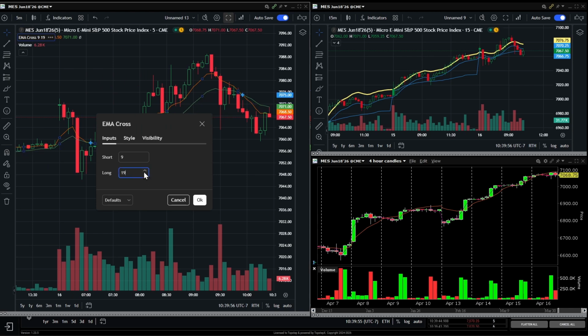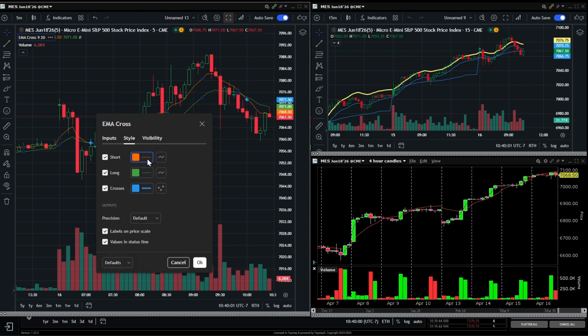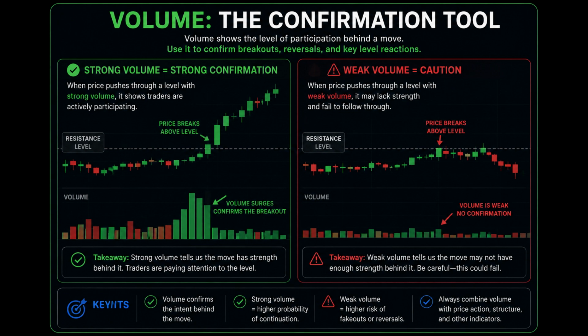Now, the third indicator is volume. And volume is something most people are already familiar with. So when price pushes through a level, we don't just want to see the candle, we want to see if volume came with it. If price breaks a level and volume comes in strong, that gives us more confirmation.